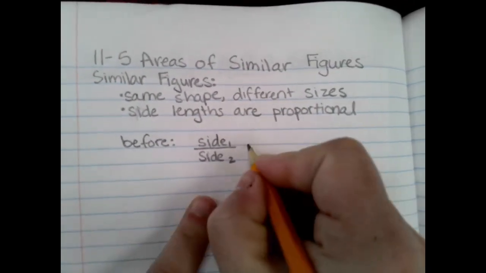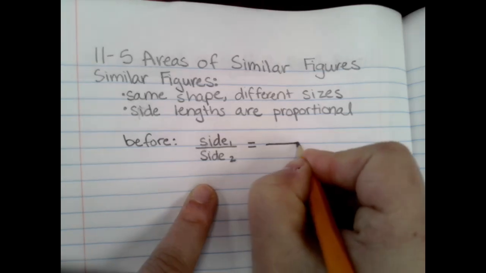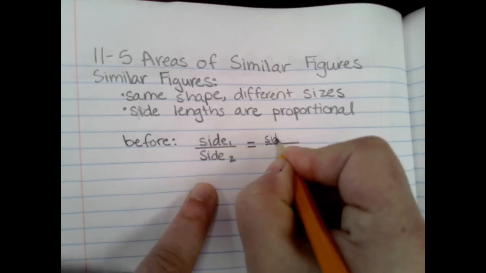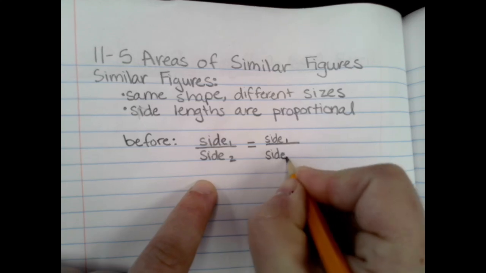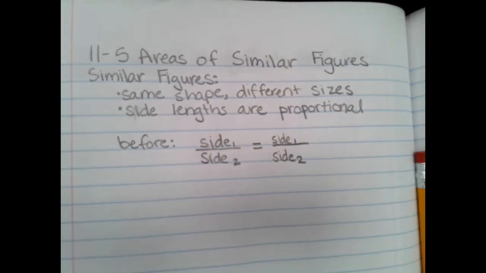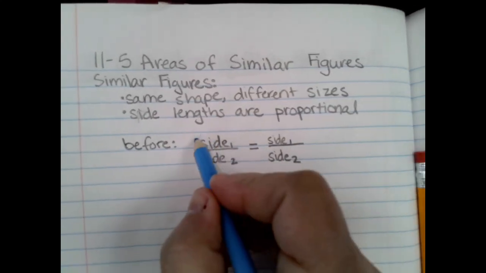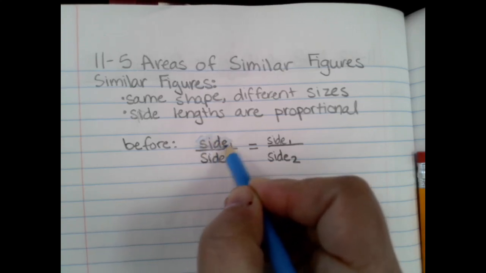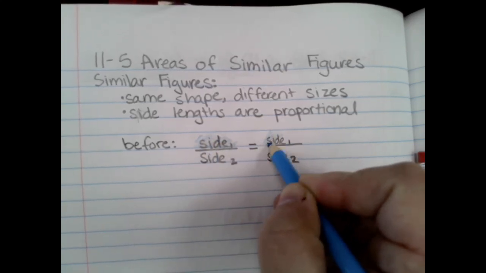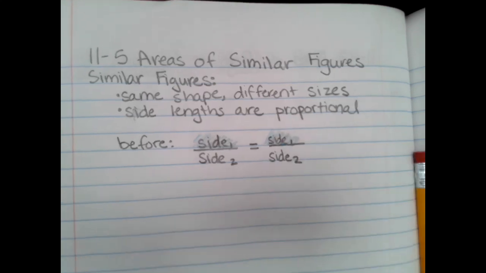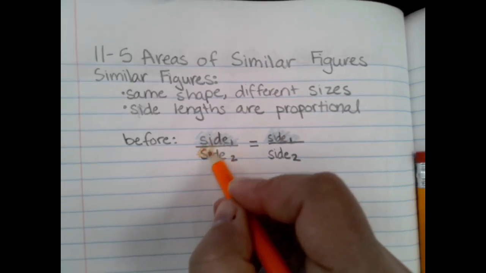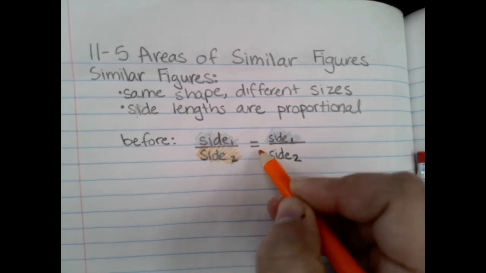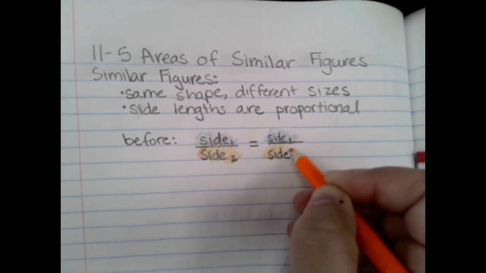And we would say that's equal to another side, but that side had to come from shape 1, and then another side from shape 2. So these two on the top would come from the same shape, and then these two on the bottom would come from the same shape. I'm using orange and blue, sorry.